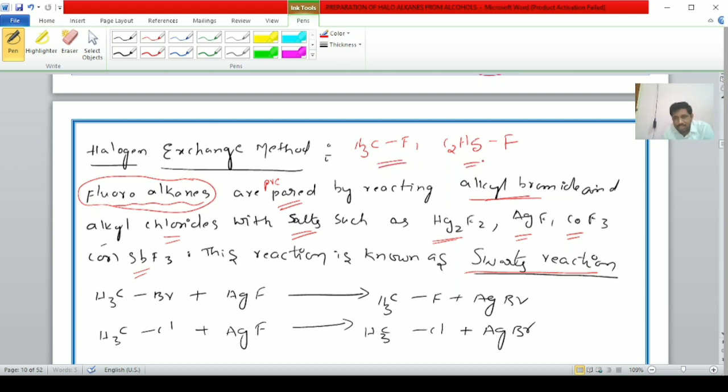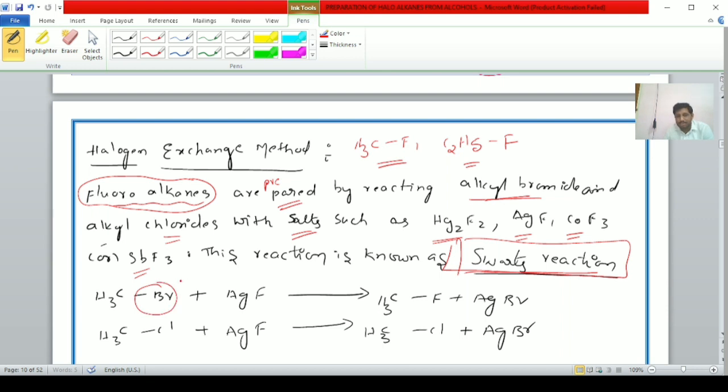In the previous discussion, we discussed, student, that fluoroalkanes are not possible to prepare directly because an explosive reaction will take place. Even so, Swarts could prepare the fluoroalkanes by using alkyl halides only.